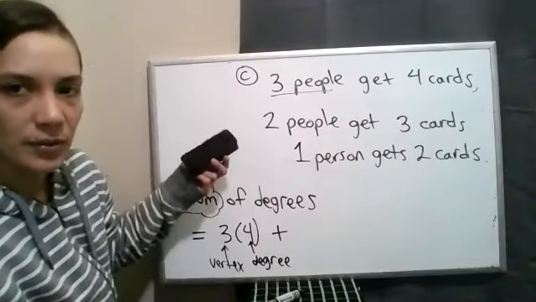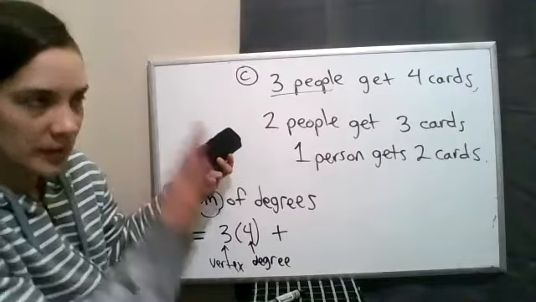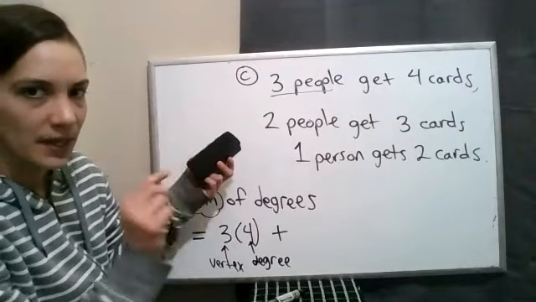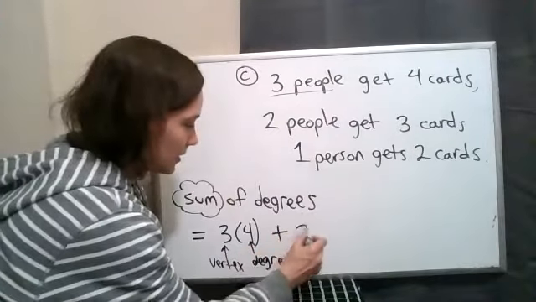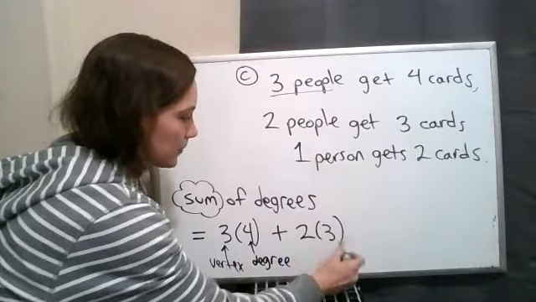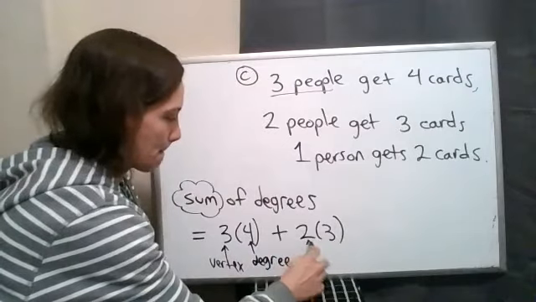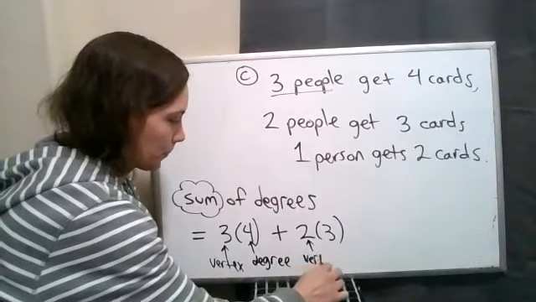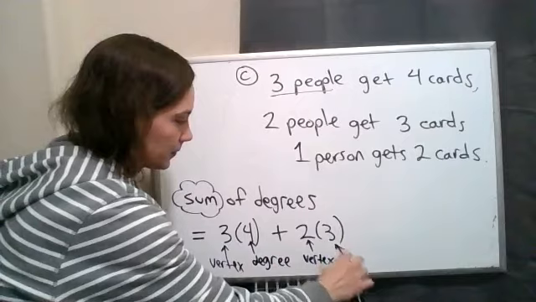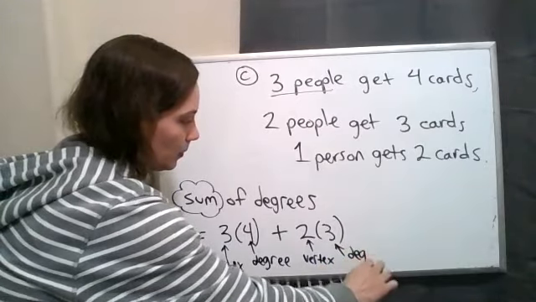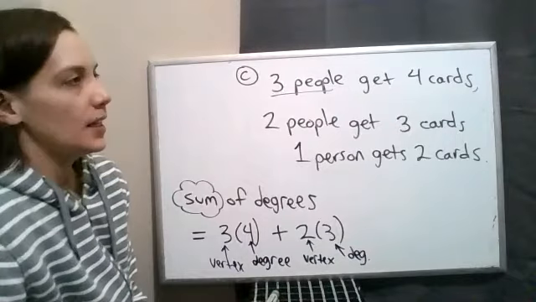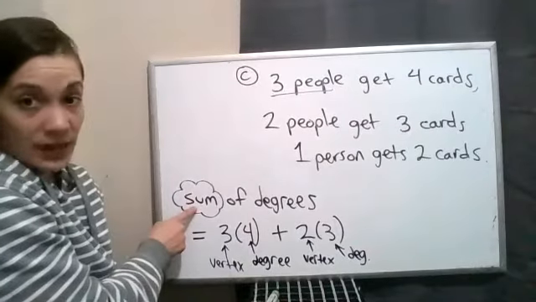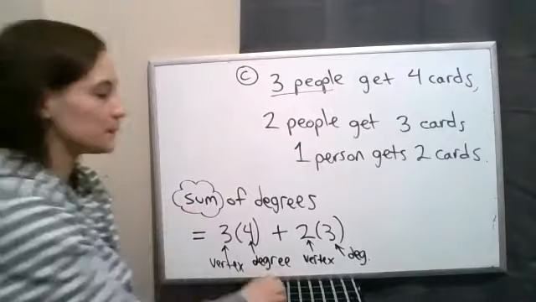This part, 2 people get 3 cards. So somewhere in my graph, I've got 2 vertices, and each of them has 3 edges connected, or degree 3. Vertex and degree. Add, because we're just finding the sum of all of the degrees.